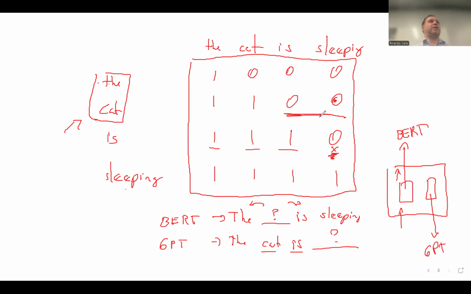They're going to be blanked out. You see that? Yes. So you can assume if it's here, it's the, so the can only look at itself and nothing else. And that's the training that happened there. When I'm talking about the cat, it can only look at the cat, but not is sleeping.